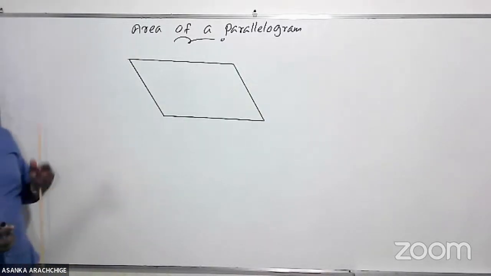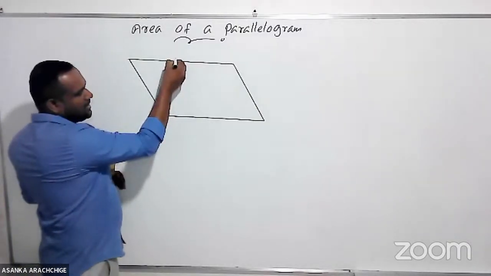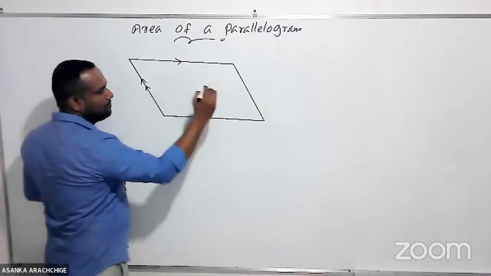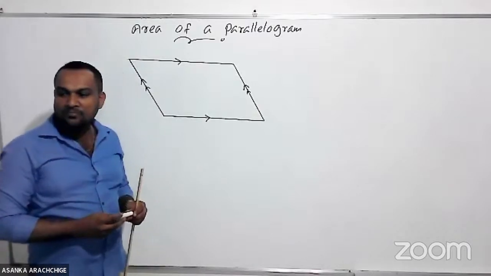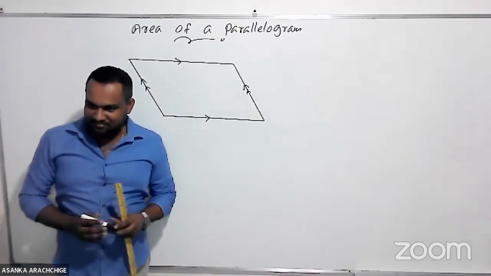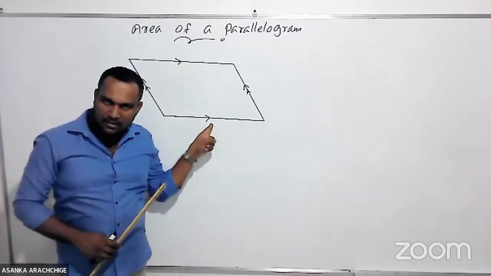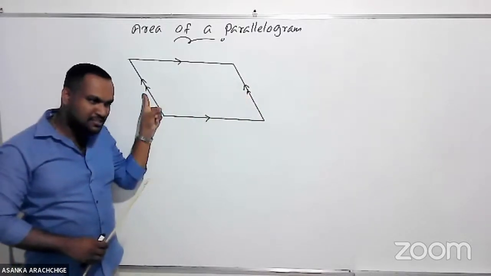Yes, sir. Right. In a parallelogram, the opposite sides are, as you said, parallel, as well as equal in length. The length of this side is equal to this side, as well as the length of this side is equal to the length of this side.